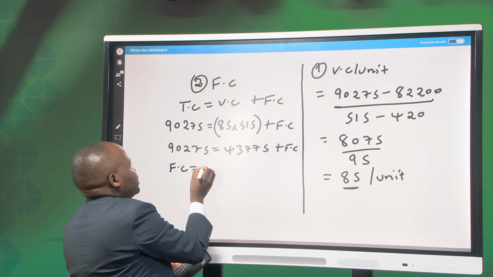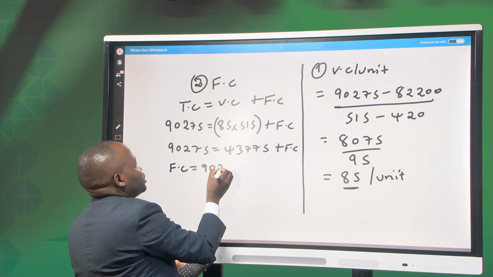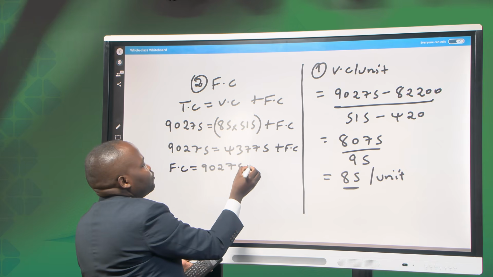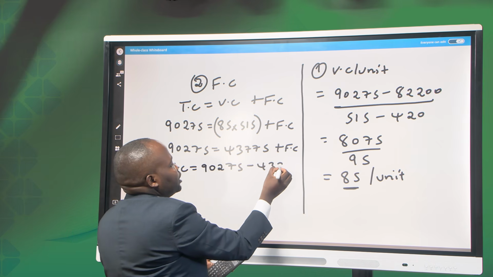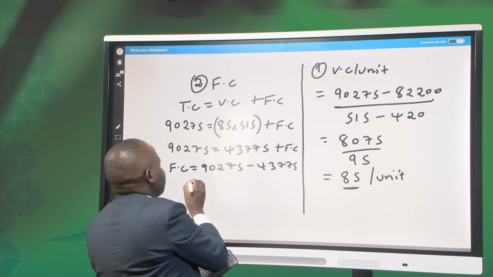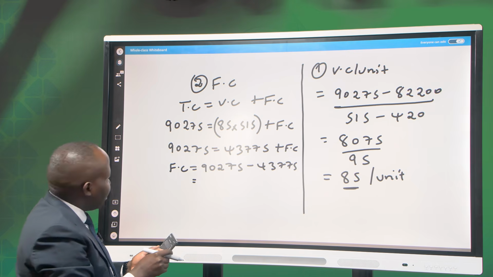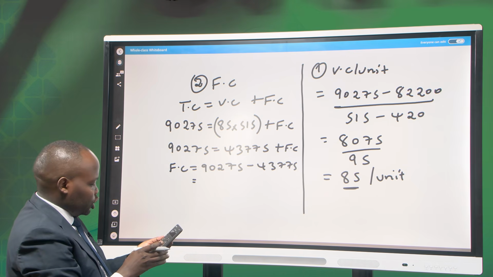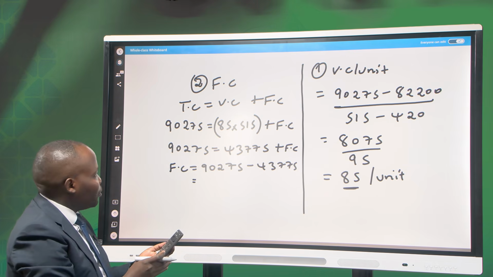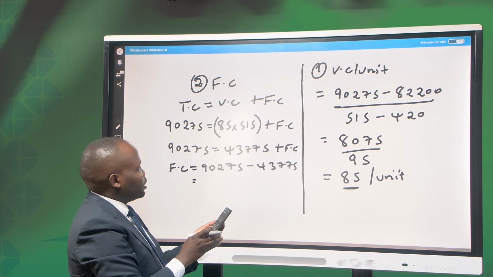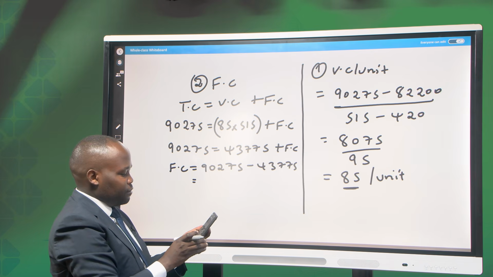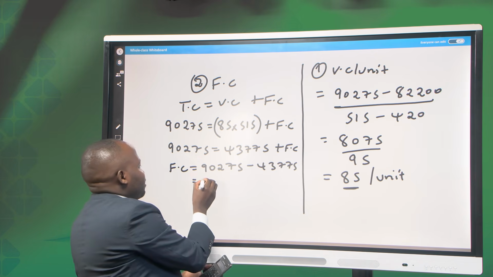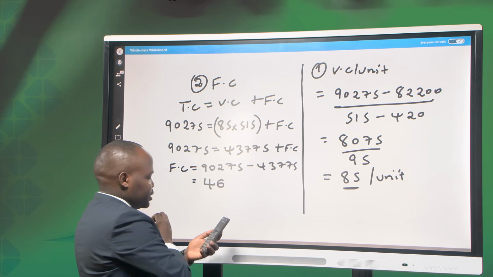Fixed cost is equals to 90,275 minus 43,775.